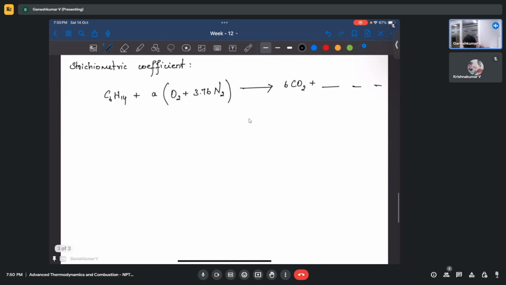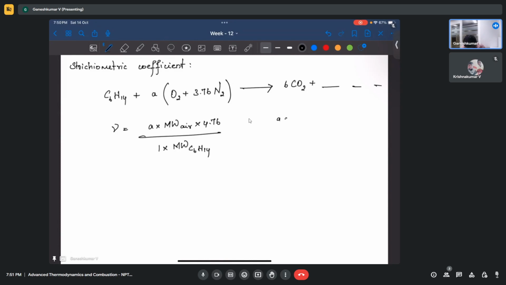The only thing we need to know is nu, which is nothing but A times the molecular weight of air times 4.76, because 1 mole of air is 4.76 moles of air, right? And we have 1 into the molecular weight of C6H14.